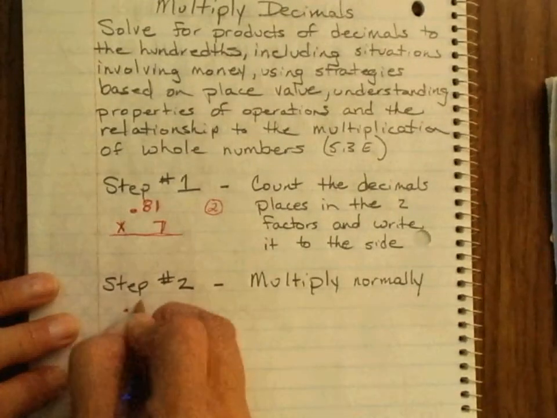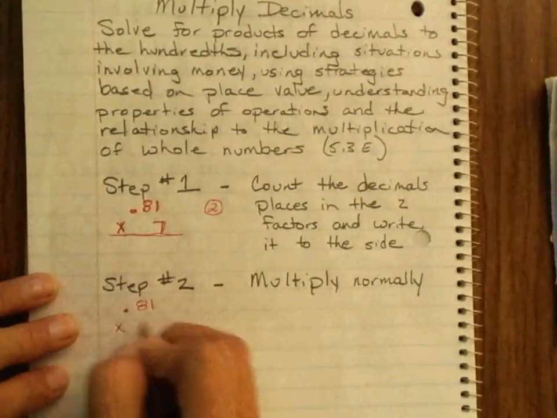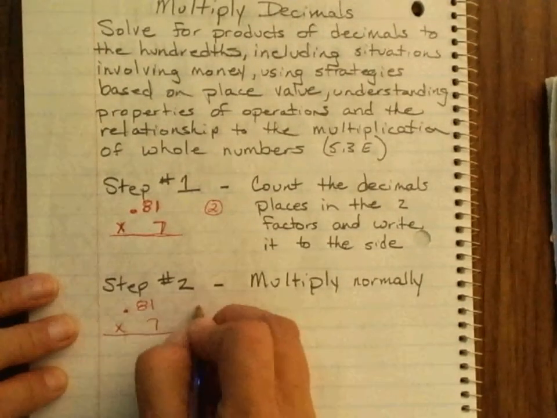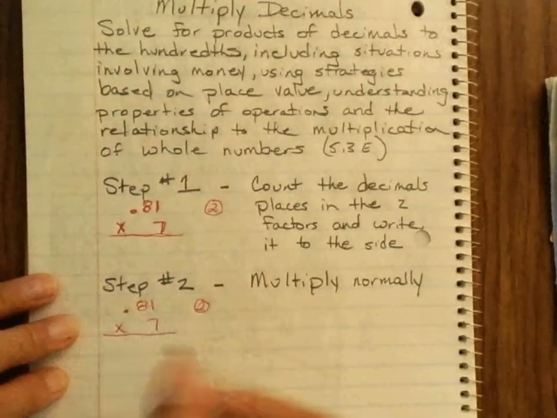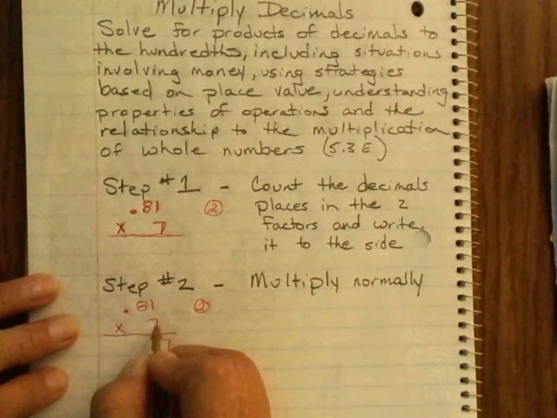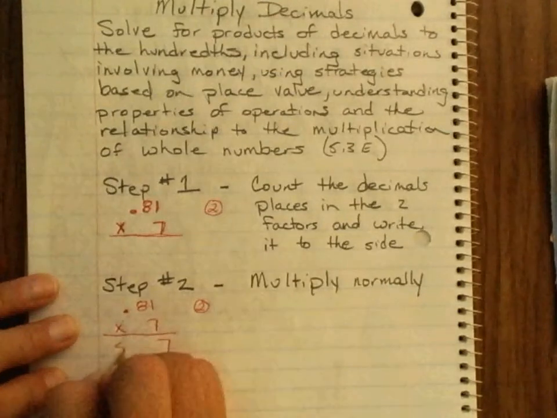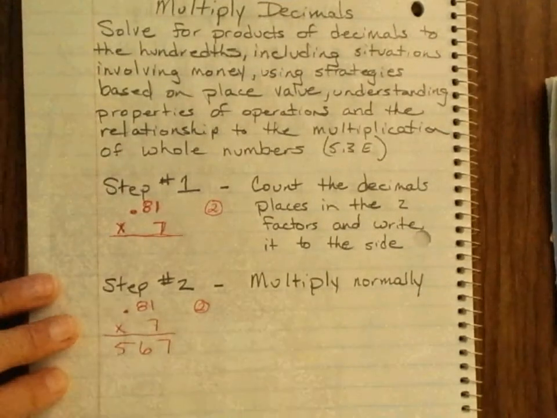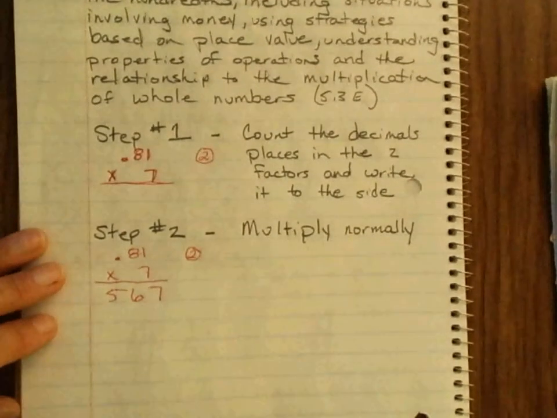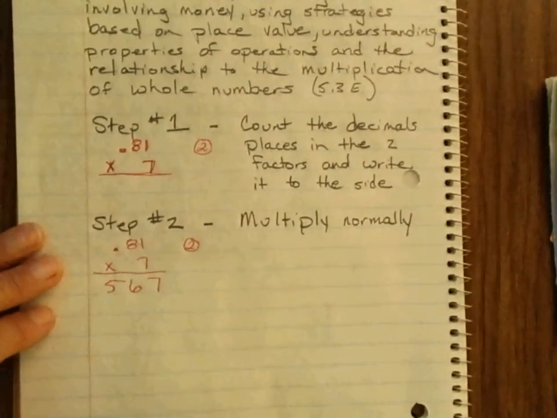So I have 81 hundredths times 7. I have my 2 digits behind the decimal. Now I'm going to multiply. 1 times 7 is 7, and 7 times 8 is 56. So I have an answer so far, but I'm not done, with the digits 5, 6, and 7.